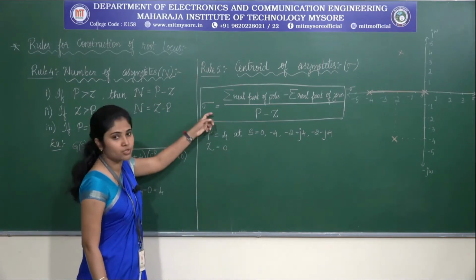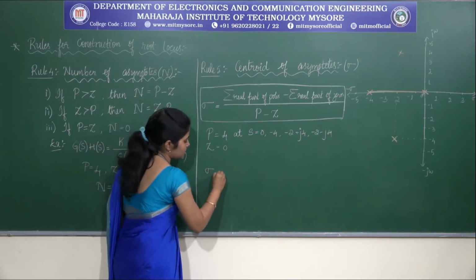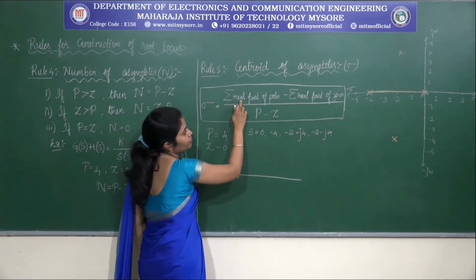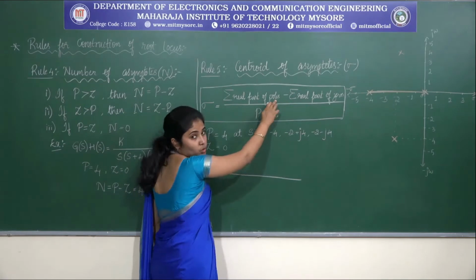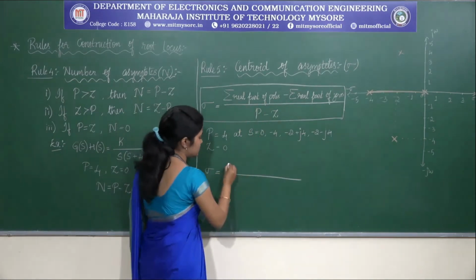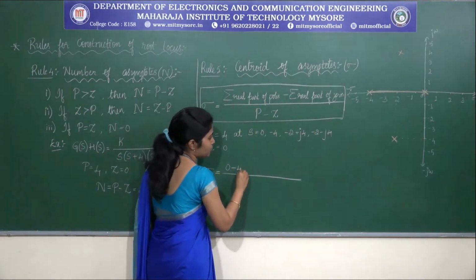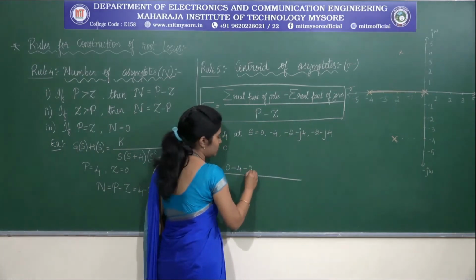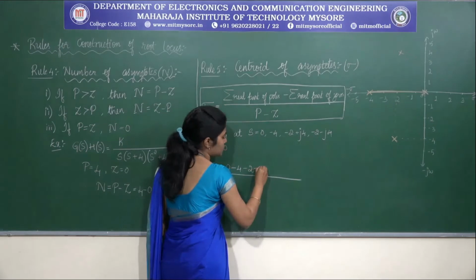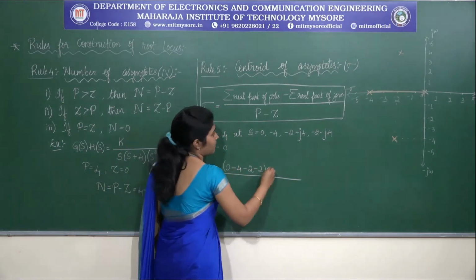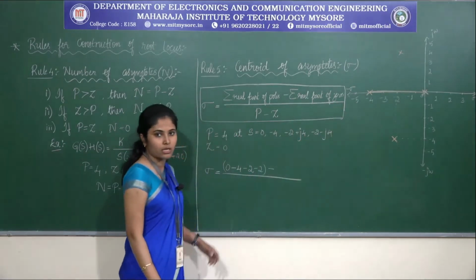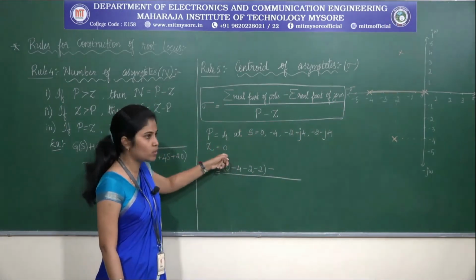Let us substitute in this formula. Sigma is equal to the sum of real parts of the poles, that is 0, minus 4, minus 2, minus 2, where the real part is minus 2 in each complex pole, minus the sum of real parts of zeros, that is nothing but the location of zeros. Do I have zeros?